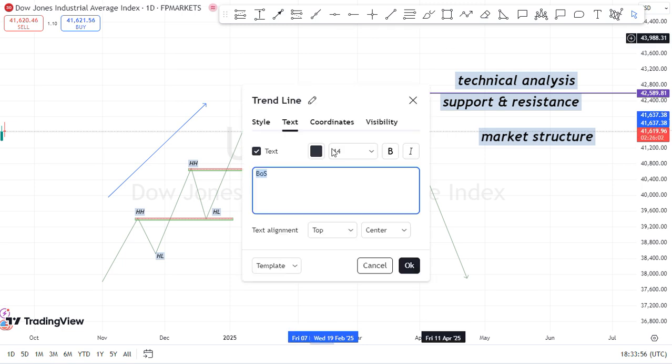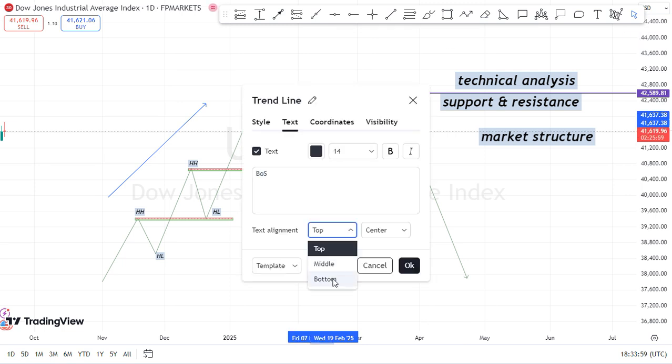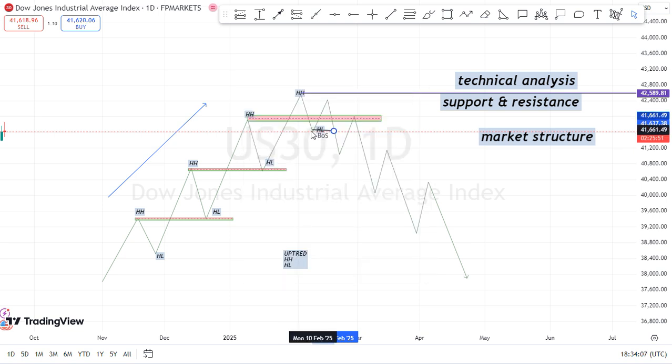Okay, but now we have to confirm. For us to confirm if the trend has really changed to a downtrend, we have to wait for the price to create another lower low.